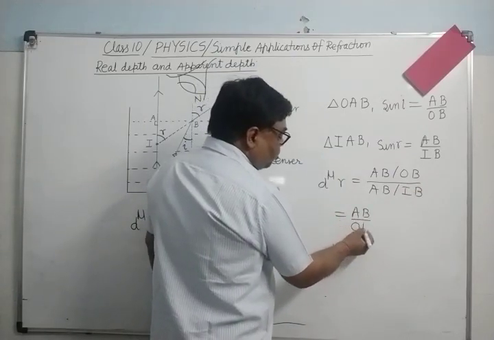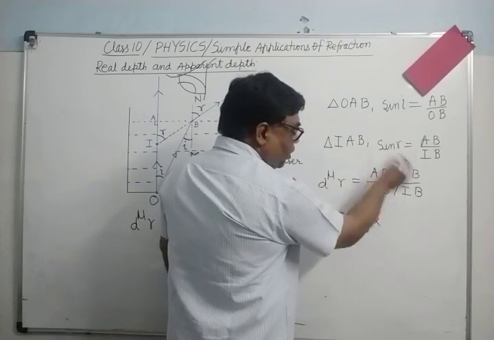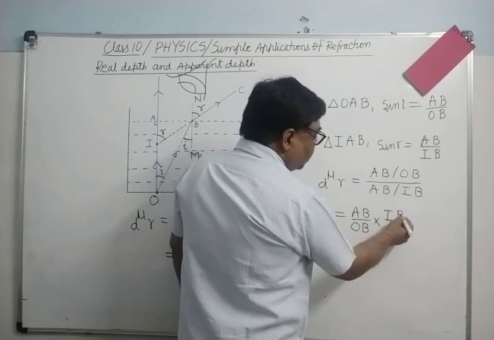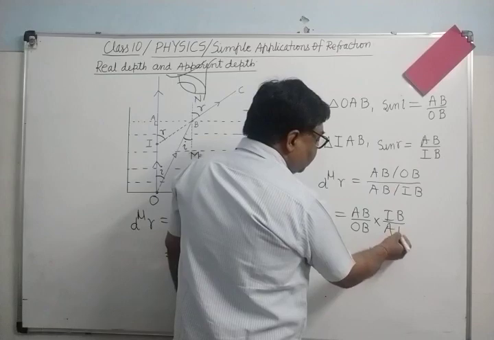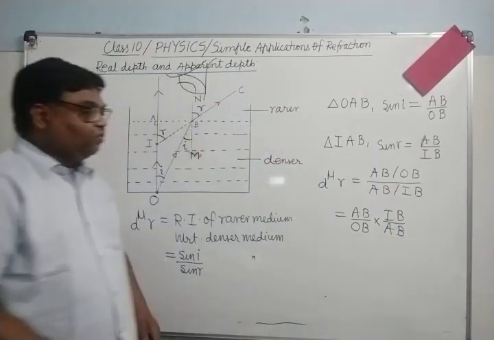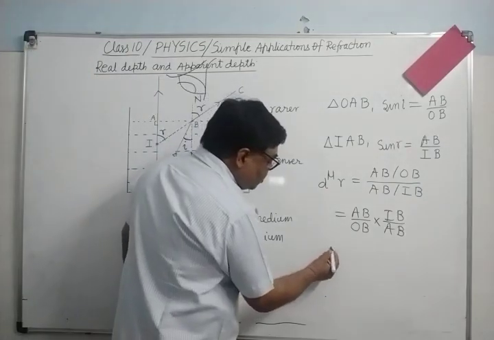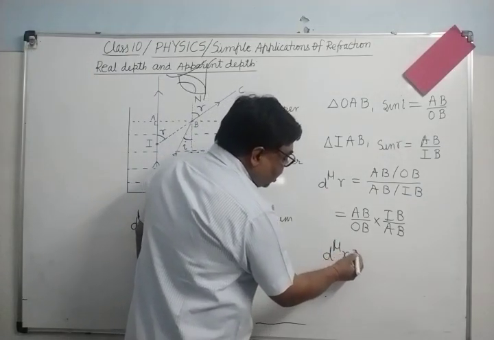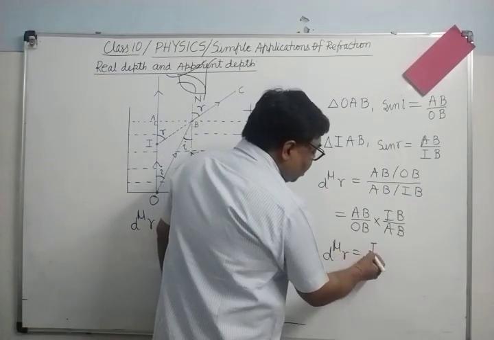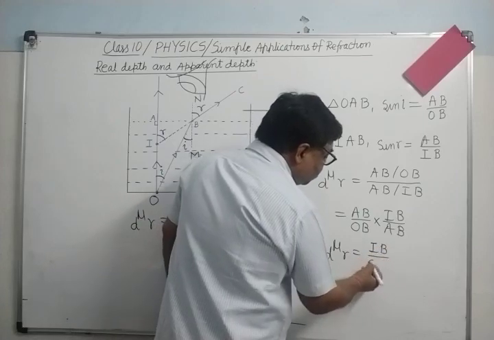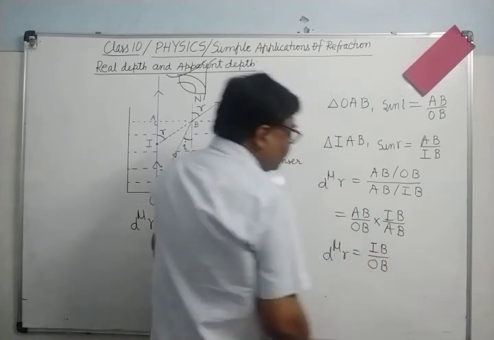AB upon OB, and it will invert and multiply, so IB upon AB. So what is d mu r? D mu r equals IB upon OB.